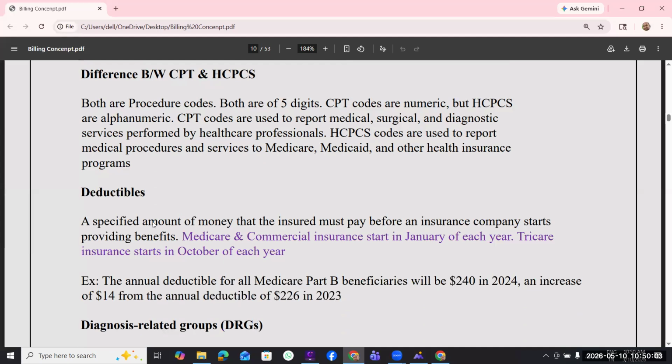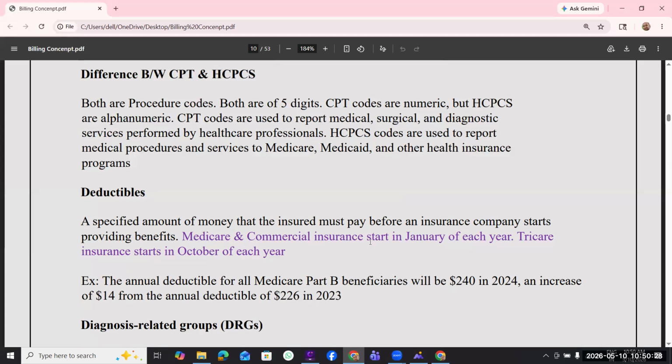Let's move to the deductible. Deductible amounts are a specific amount of money that the insured must pay before the insurance company starts providing the benefits. So this is the amount which is paid by the patient before the insurance starts.